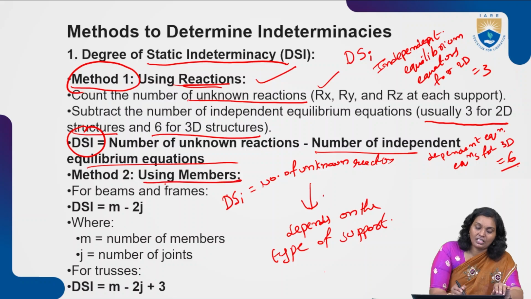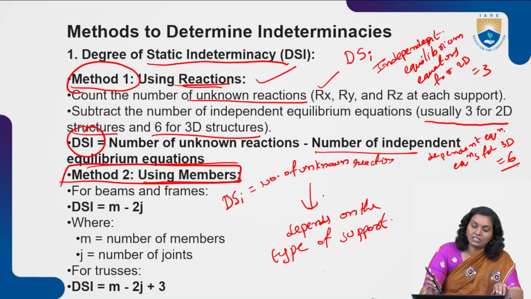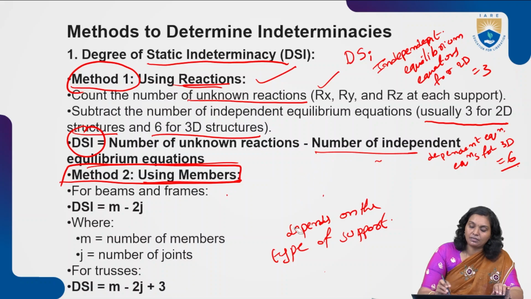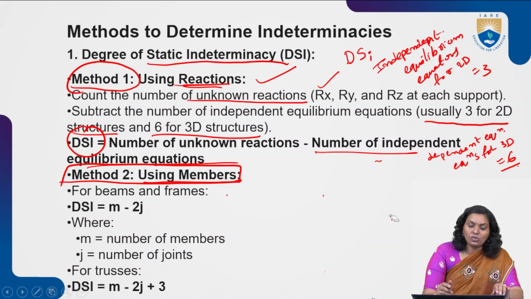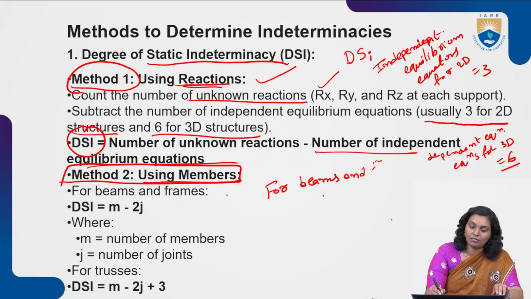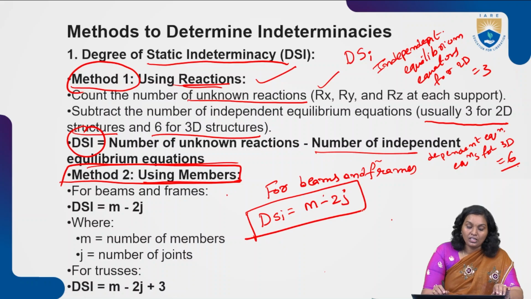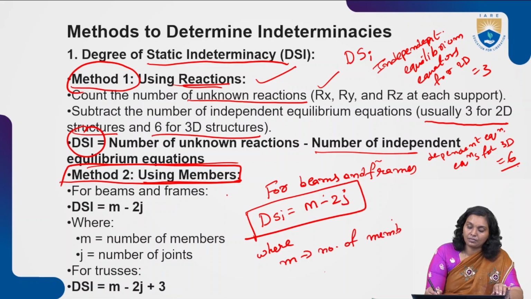The second method is using members. For beams and frames, the degree of static indeterminacy is equal to m minus 2j, where m is the number of members and j is the number of joints.